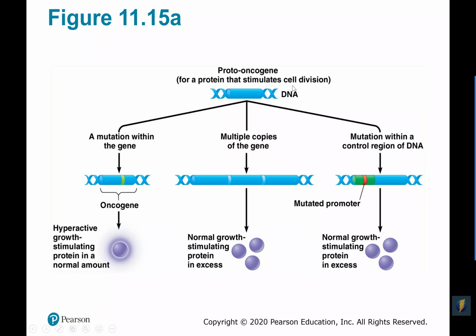So here you have a nice proto-oncogene. It codes for a particular protein that helps activate cell division. If you get a mutation within the gene, it can turn into something called an oncogene, and now we'll get hyperactive growth.